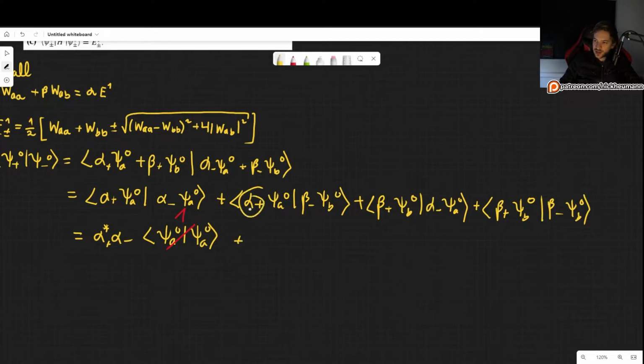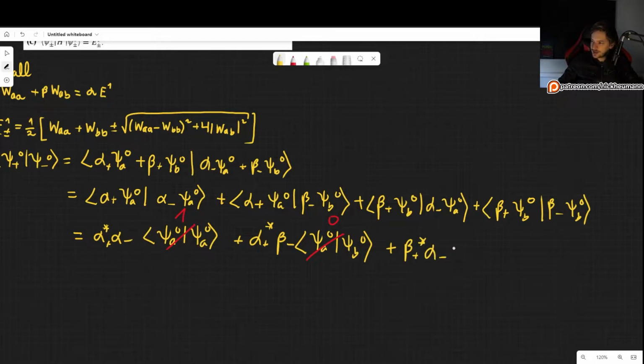Then we have here alpha plus conjugate, beta minus, and then we get psi A 0, psi B 0, which is, of course, 0. Then we have beta plus conjugate alpha minus, and psi B 0, psi A 0, which again is 0.